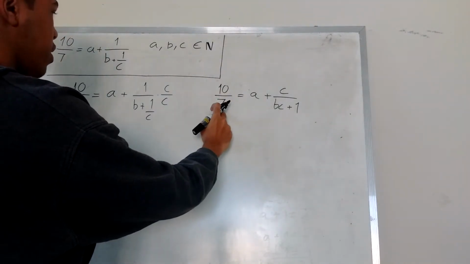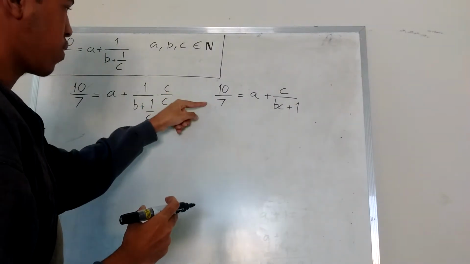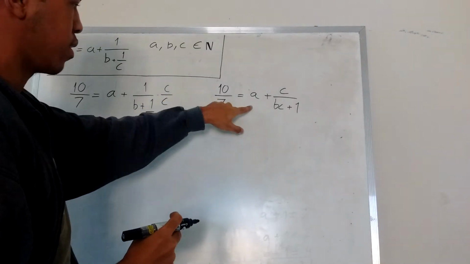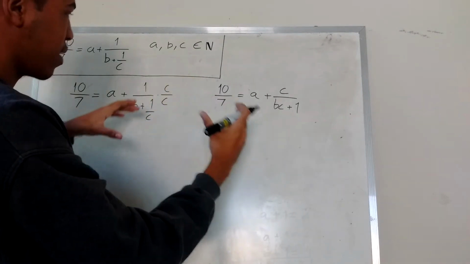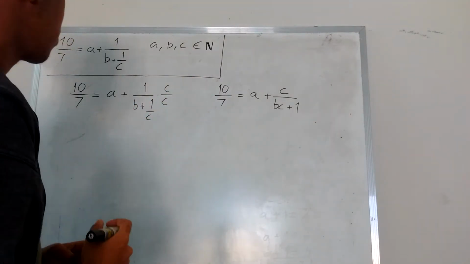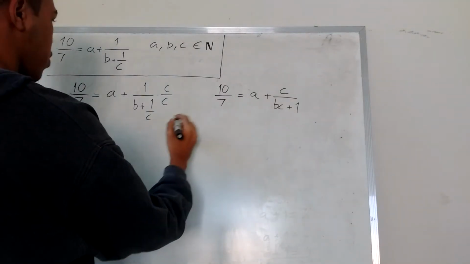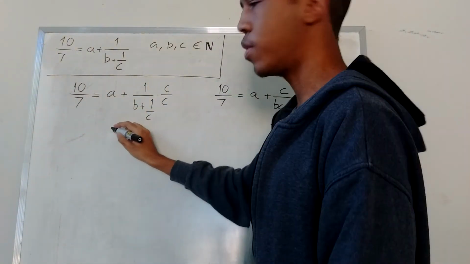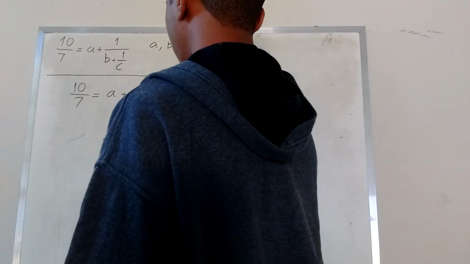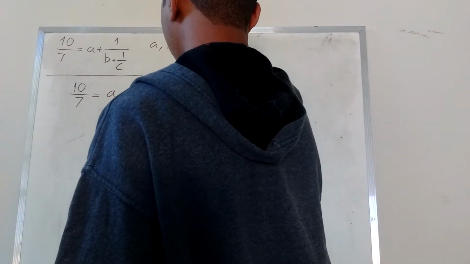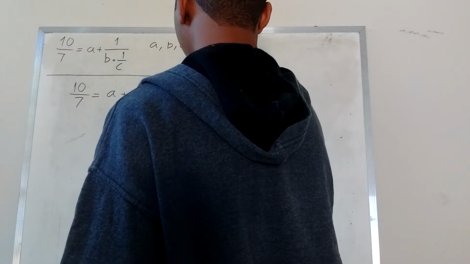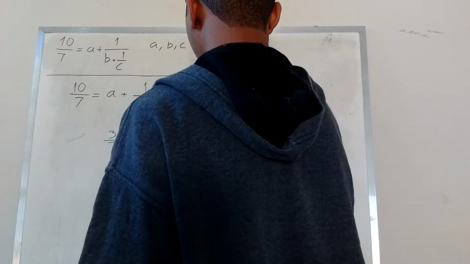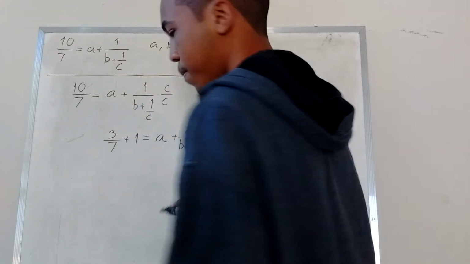10 over 7, 10 being bigger than 7, since this is a fraction and an integer, it can be divided as a fraction and an integer, so it makes sense to try. 10 is equal to 3 plus 7, so this is going to be equal to 3 over 7 plus 1, being equal to A plus C over BC plus 1.